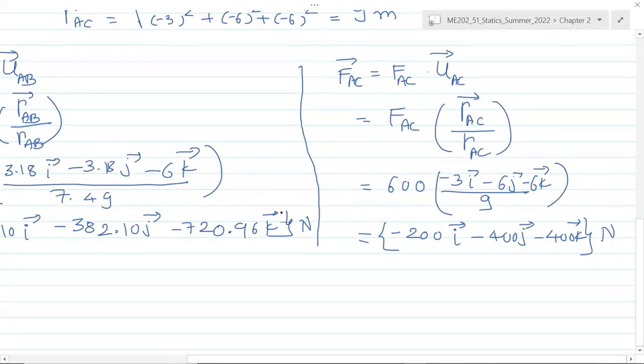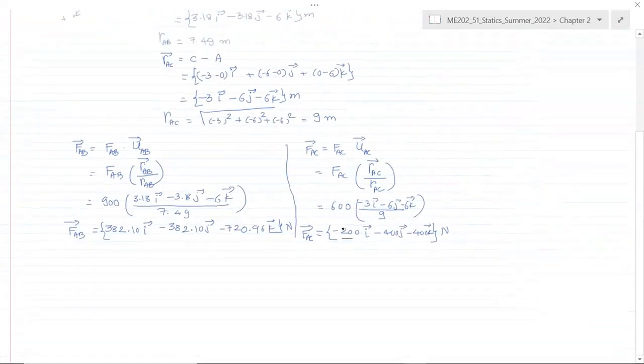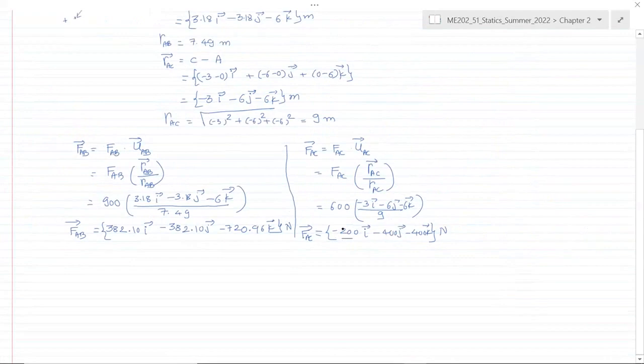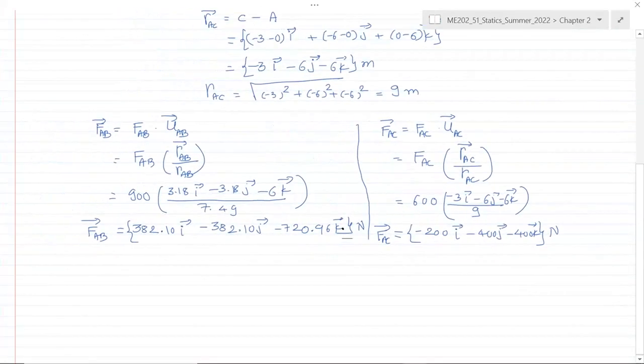And this is also force, so it has the unit of newtons. So we have both force AB and force AC as 3D Cartesian vectors that we can see here. And then the last and final step is to add those two vectors. So we can say FAB plus FAC, which is minus 200i minus 400j minus 400k.